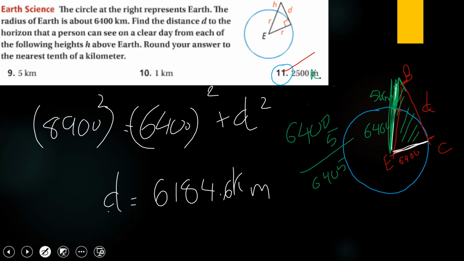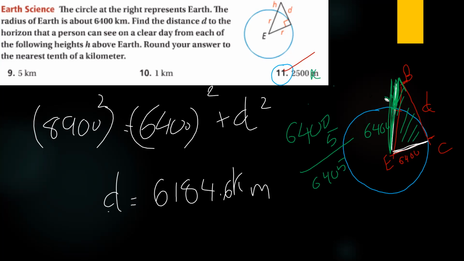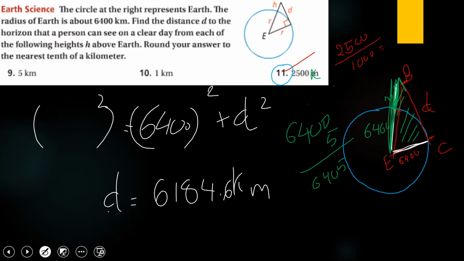Okay. Yeah. So here it is 2,500 over 1,000, which is 2.5. So here we have 2.5. So we have now 6,400 plus 2.5.